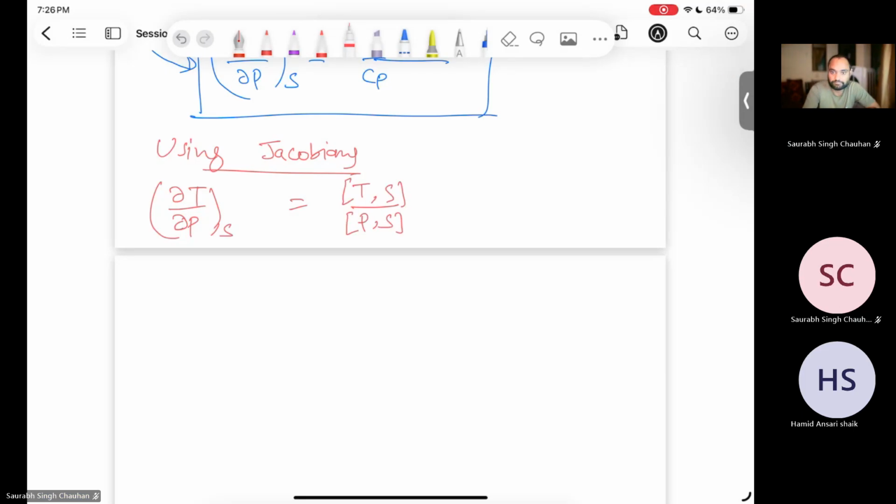Now entropy is coming with temperature in the numerator, right? So what can we use? We can use the Maxwell equation.